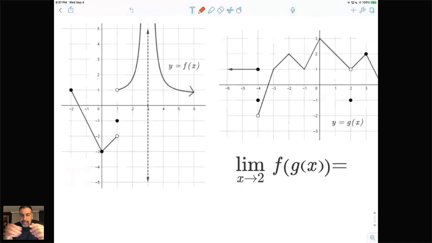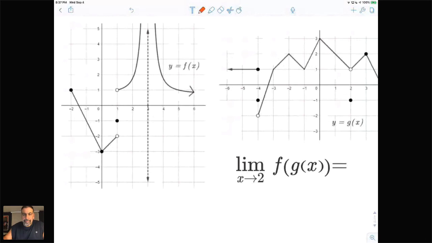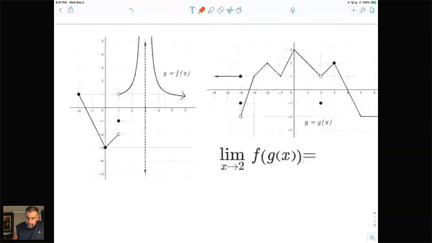If you can see that and it's going to work for you, give me a thumbs up, and then I'll give you a second to try to work this out. All right.